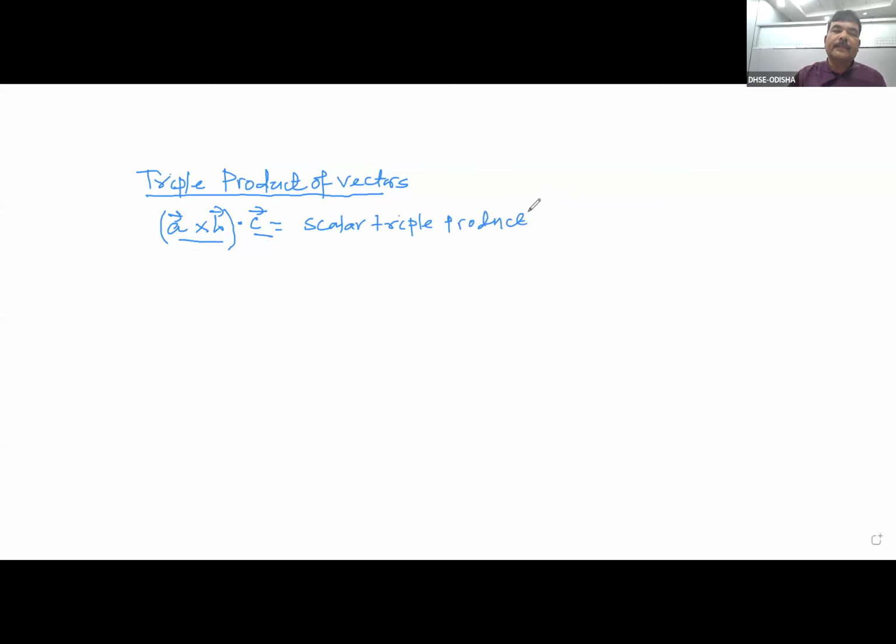Then take another case. Suppose this is vector A, vector B, vector C. If you put dot product between A and B and a cross product, so A dot B will be a scalar. So scalar can't be multiplied with a vector by cross product. So this expression will be meaningless.